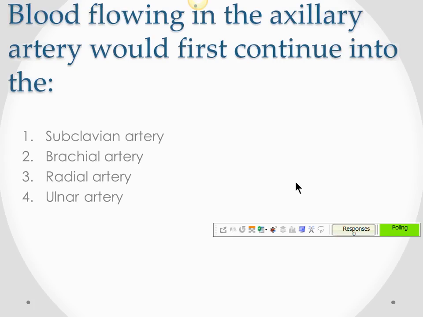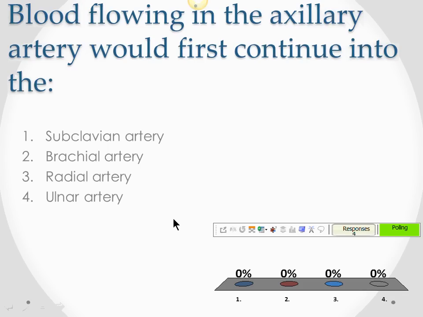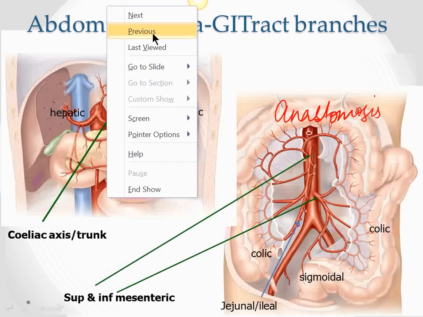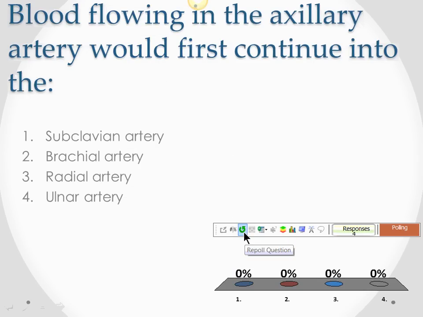So here, let's answer this question. Blood flowing in the axillary artery would first continue into... Let me re-poll.